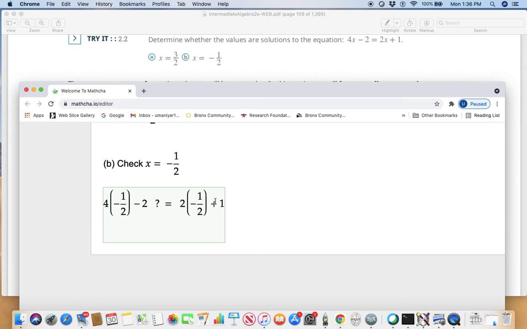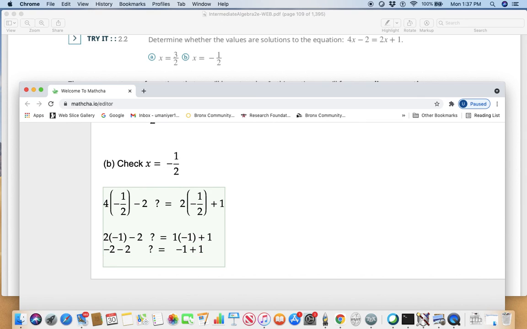Okay, so let's continue. 2 reduces 4 2 times, negative 1 inside, minus 2. Question equals 2 reduces 2 once, negative 1 inside, plus 1. That's negative 2 minus 2. Is it, question equals, negative 1 plus 1.